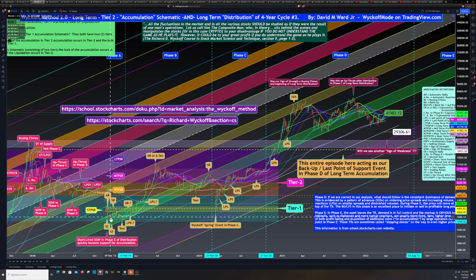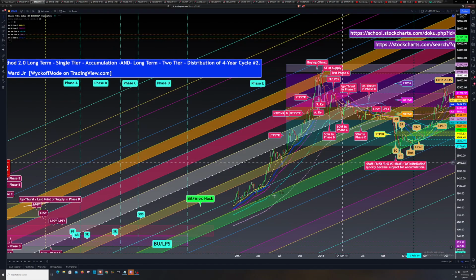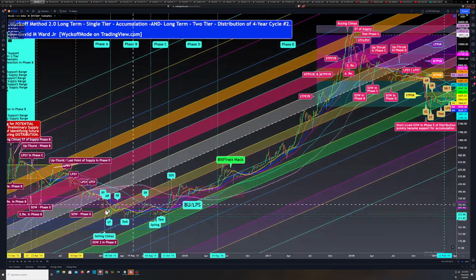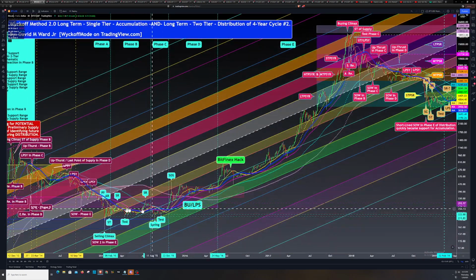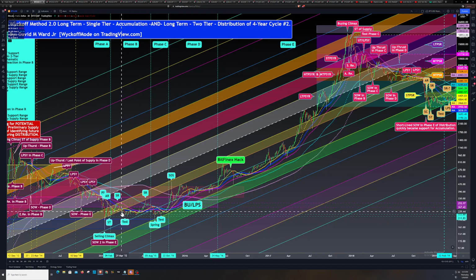Yes, that would be true if this was only a one level, one tier accumulation schematic, like what we had in 2015, just one tier. We didn't have a lot of margin trading exchanges then. It wasn't very prevalent then.